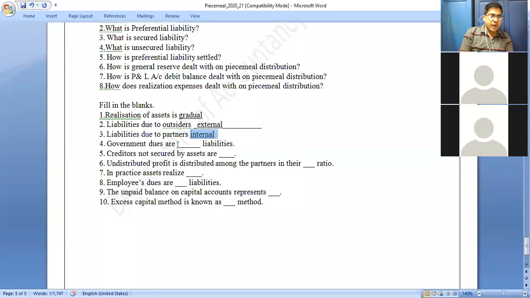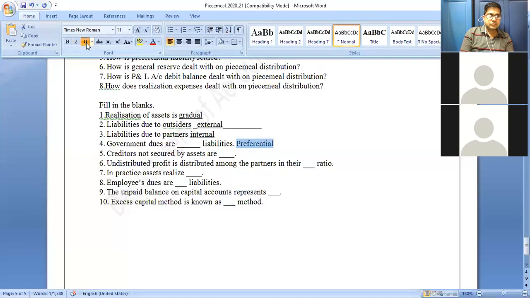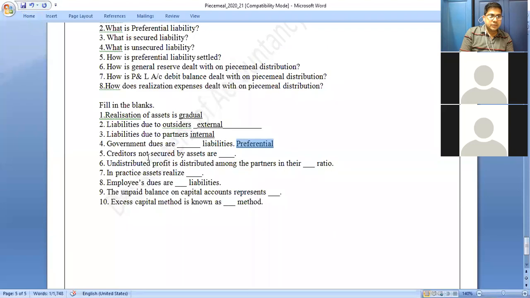Government dues are the dash liabilities. The answer is preferential liability. Creditors not secured by assets are called unsecured creditors.